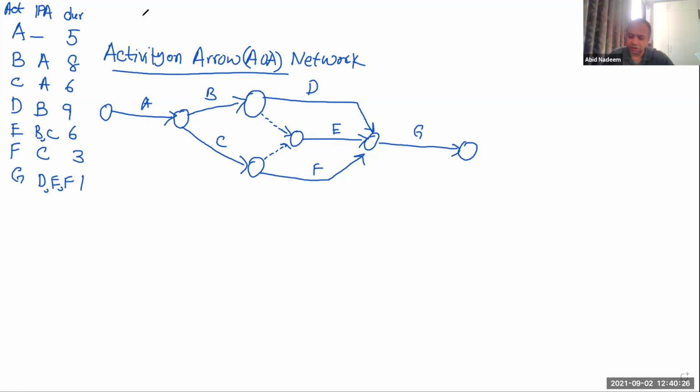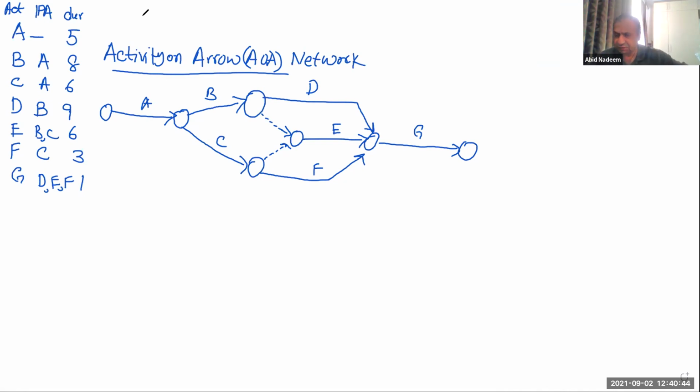Actually, you don't need it. I am just showing the process. And as I have also said, most computer programs and most modern ways use the activity on node network. So I will do this example just once and then that's it.